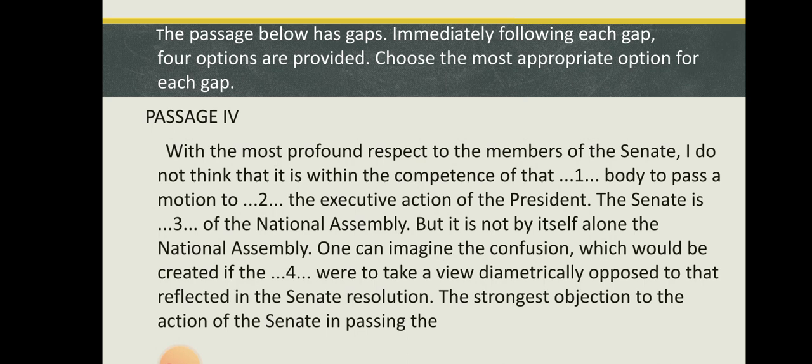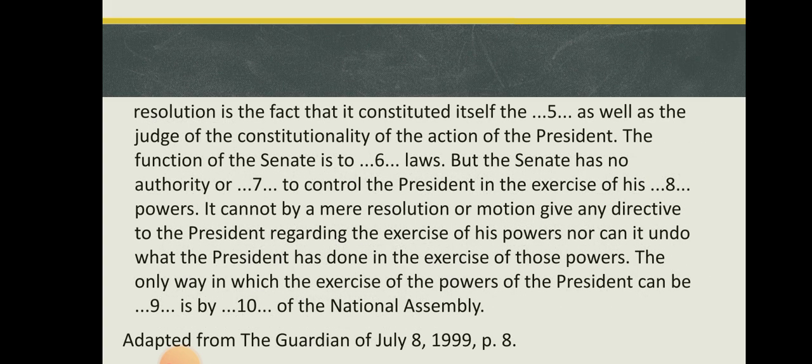With the most profound respect to the members of the Senate, I do not think that it is within the competence of that body to pass a motion to nullify the executive action of the president. The Senate is part of the National Assembly, but it is not by itself alone the National Assembly. One can imagine the confusion which would be created if the House of Representatives were to take a view diametrically opposed to that reflected in the Senate's resolution. The strongest objection to the action of the Senate in passing the resolution is the fact that it constituted itself the accuser as well as the judge of the constitutionality of the action of the president.